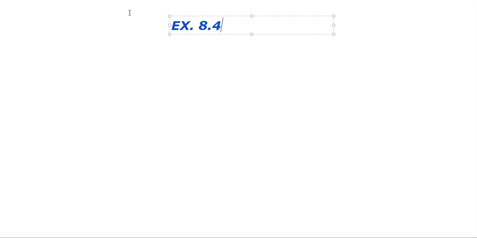So this is question number 1, and in this we have to express all the trigonometric ratios in terms of cot A. Express all trigonometric ratios in terms of cot A.